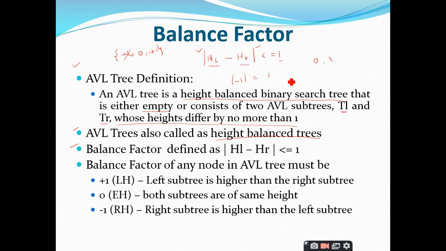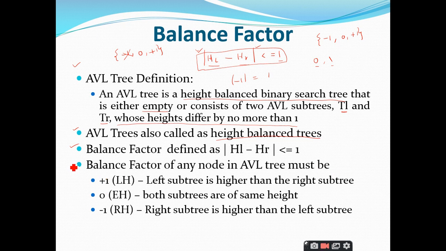Less than or equal to 1 means 0 and 1. Only 2 values are accepted according to this definition. But remember that you also have the -1 value. So the acceptable values for the balance factor of any node in the AVL tree are -1, 0 and +1. Is it clear?